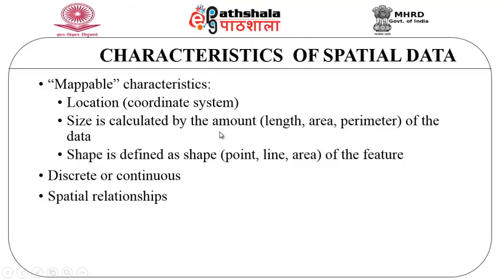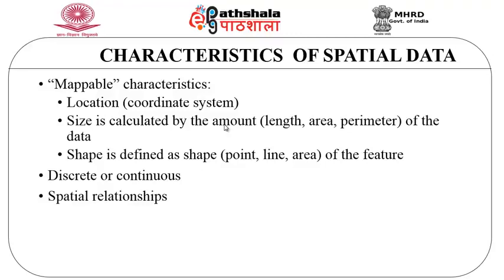These mappable characteristics are the location of the data, which can be represented in the coordinate system. The next one is the size that is associated with the data, which is calculated by the amount of the data and which is also represented in the form of length, area or perimeter of the data.